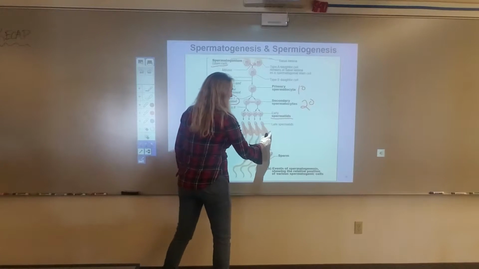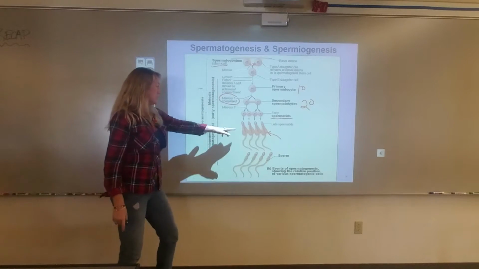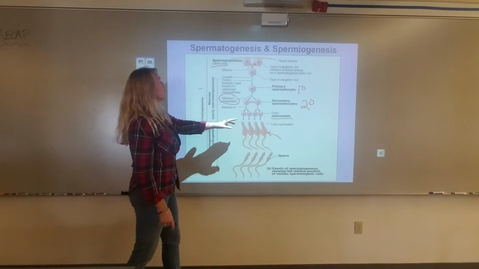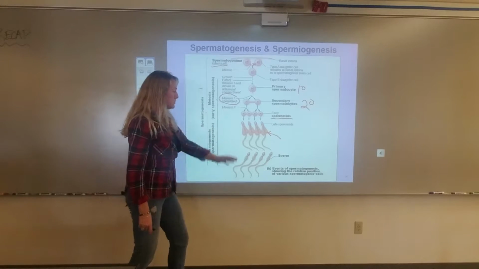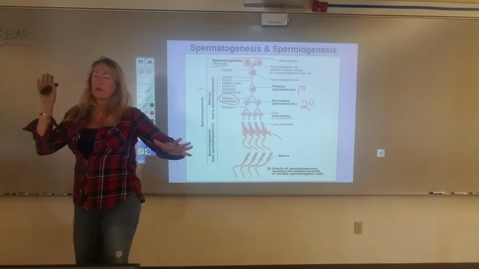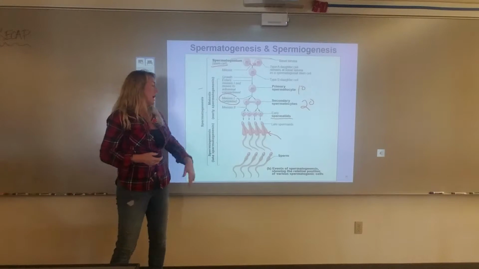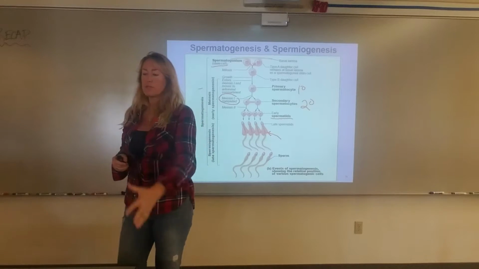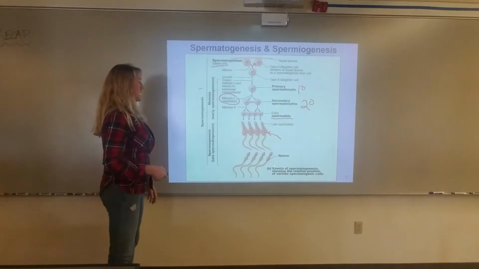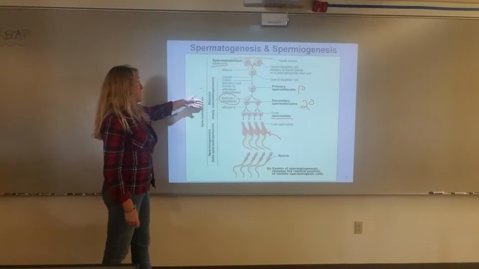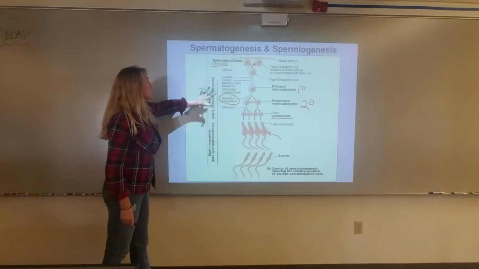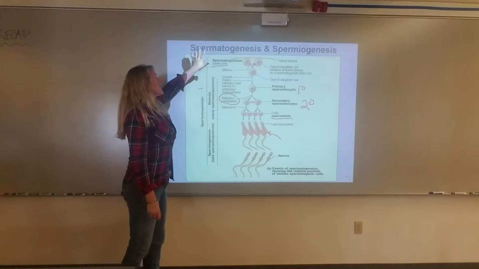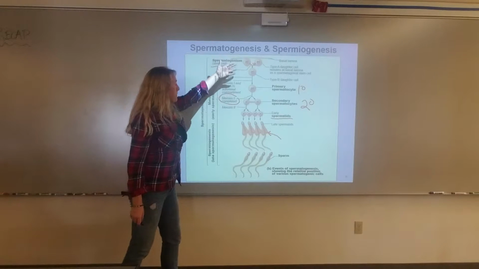And notice they eject or lose most of their cytoplasm. This cytoplasmic droplet will be exuded and released. So they are light, streamlined, narrow, they can swim, and they're programmed to swim and find and fertilize the eggs. So this is meiosis, early spermatogenesis, birth of sperm, and then the late spermatogenesis.